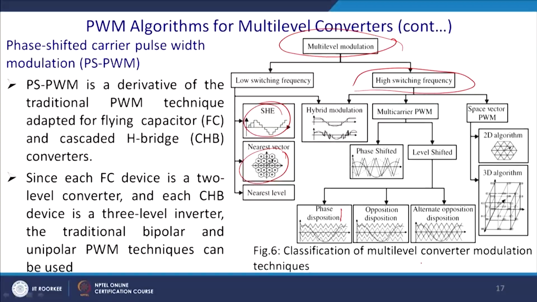And you may use space vector modulation, which is popularly used now. This is the 2D algorithm and this is the 3D algorithm. The hexagon will increase based on the level, and we have different switching patterns here. Of course, this hexagon can have many states.